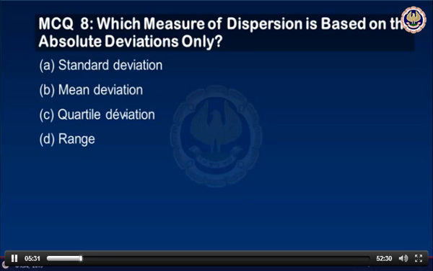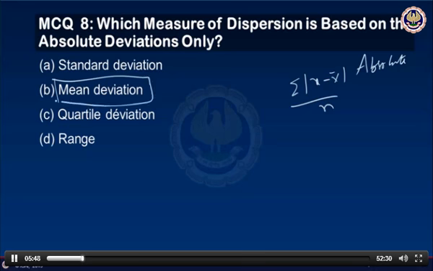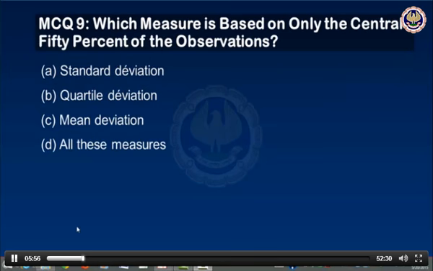In the mean deviation, we take the summation of modulus of x minus x bar divided by n. This modulus of x minus x bar indicates absolute values. So the mean deviation is based on absolute deviations only. Option B is the correct answer.